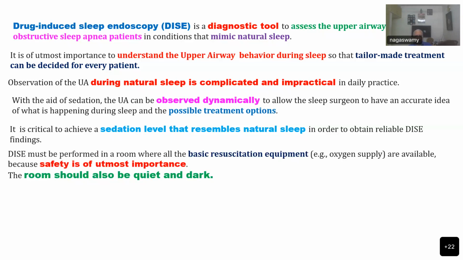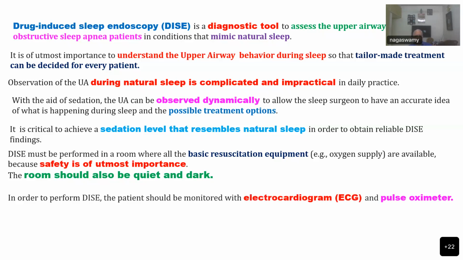It is performed in a room where all basic resuscitation equipment is available, and because we are artificially inducing sleep, we should take care that the patient does not go into any respiratory depression or total obstruction and get into a serious state of hypoxemia or other complications. So safety becomes the utmost important, and the room should be quiet and dark to enhance that natural surrounding.